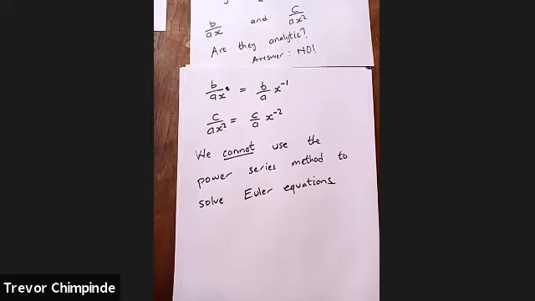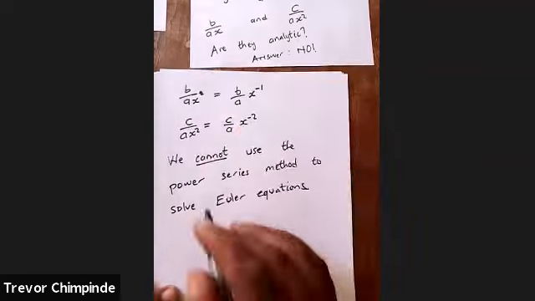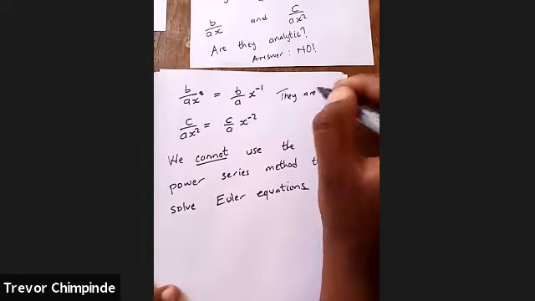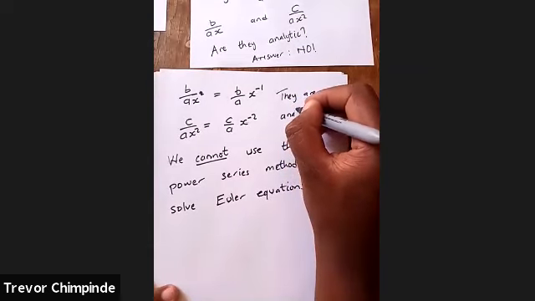Your question needs to be more specific. Okay, like, are they analytic? On the way you were taking b over ax is equal to b over a x to the power -1, what was your conclusion there? They are not analytic. So these two are not analytic. And this word analytic should not scare you.